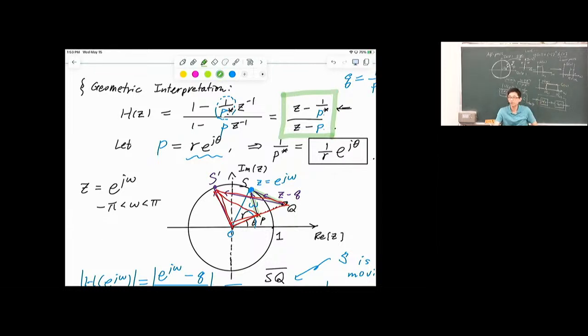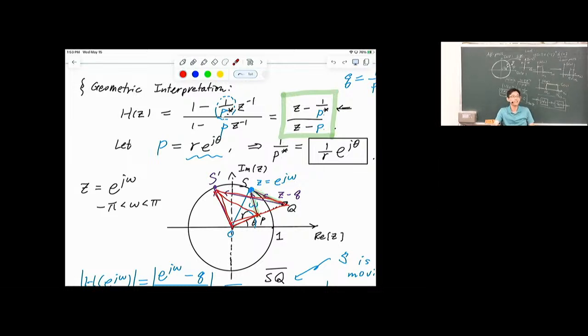So you can ask yourself, is this angle going to decrease or increase when S moves in the counterclockwise direction? Is the angle between these two vectors going to get smaller and smaller or what?